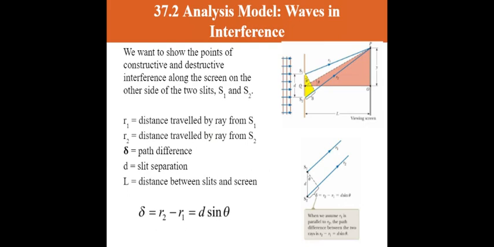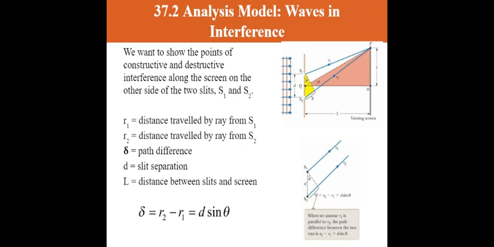And there's an angle theta, which is the angle between point Q and point P. Point Q is right in the middle of the two slits. So the farther a point is from the center of the screen, the bigger theta is.